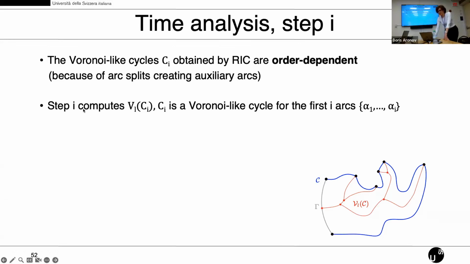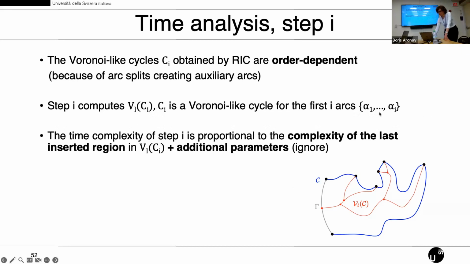So what step i does is compute a Voronoi-like graph for the cycle C_i, which corresponds to the first i arcs. The time complexity is proportional to the complexity of the last inserted region plus some additional parameters which I will ignore for now.